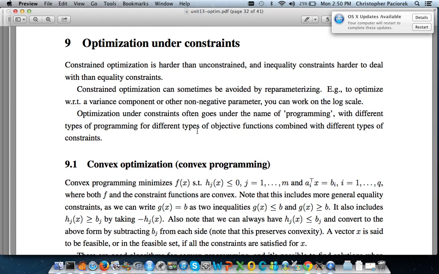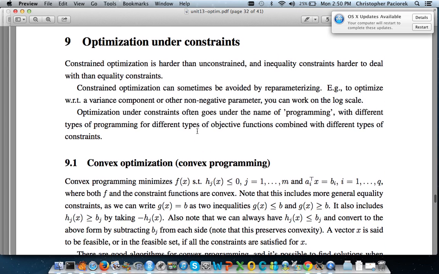So particularly in the last 10 years, there have been a lot of statistical methods where finding the parameter estimates involves a constrained optimization problem. And oftentimes they can be written as one of these convex optimization problems. Okay, so you'll often hear the word programming, which I'm sure those of you in the operations research program have heard a lot.